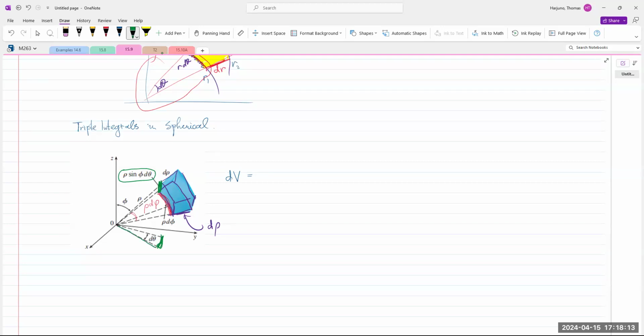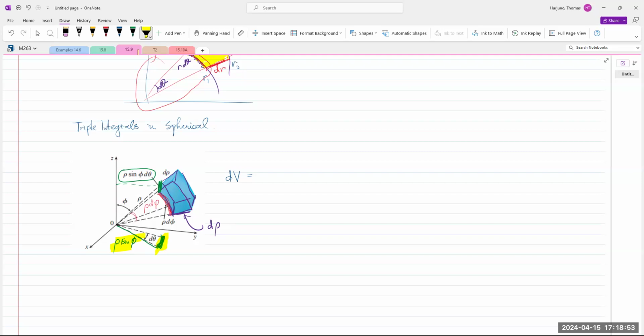Now the length here is rho sine phi, which equals r, the radius from the z-axis. So the length of this arc, the one I'm marking with yellow highlight, is the distance from the z-axis, rho sine phi, times the change of the angle d theta.